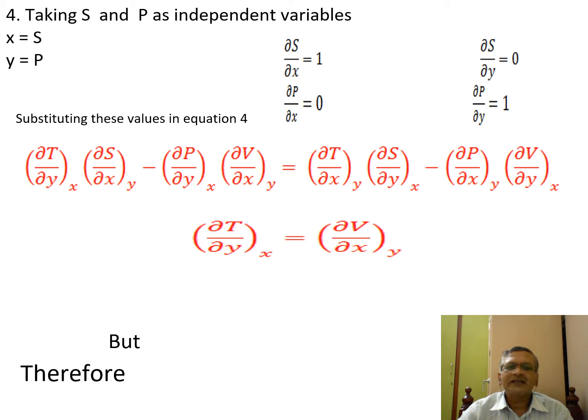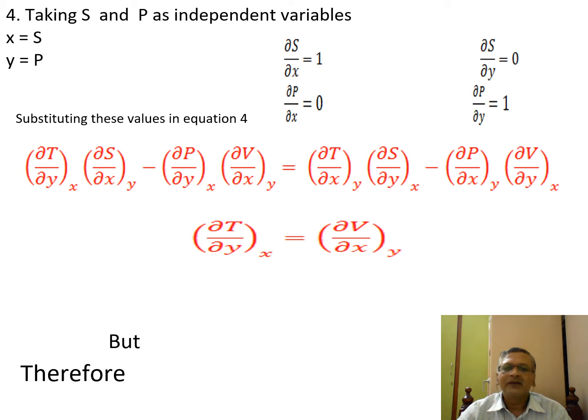In the LHS second term, dou P upon dou y is 1, therefore dou V upon dou x remains, with the minus sign, equating to the RHS. Coming to the RHS terms, dou S upon dou y is 0, so 0 into dou T upon dou x is 0, minus dou P upon dou x is 0, so 0 into dou V upon dou y is 0. Therefore there are no RHS terms, only LHS terms.